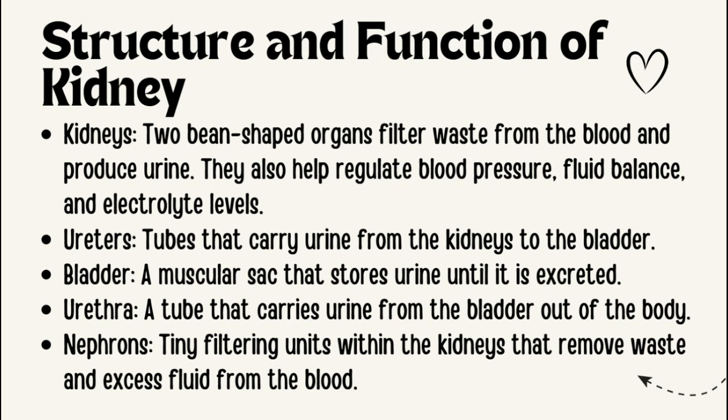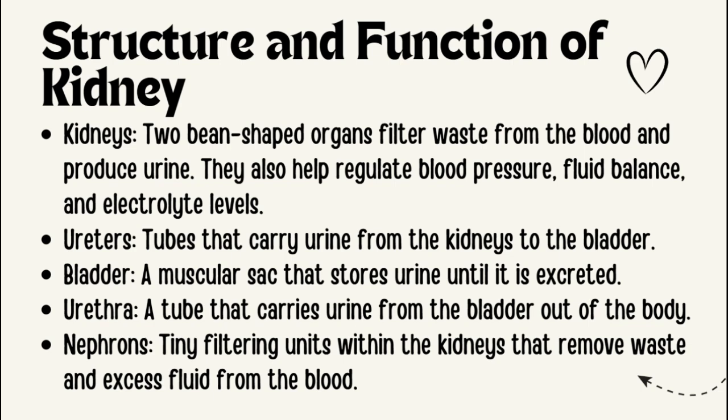Now we said the urethra is what carries the urine outside of the body. The bladder is the sac that stores urine until it's excreted, and the ureter is the tube that carries the urine from the kidneys to the bladder.